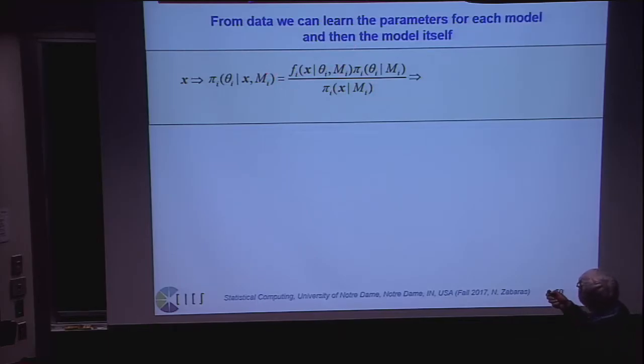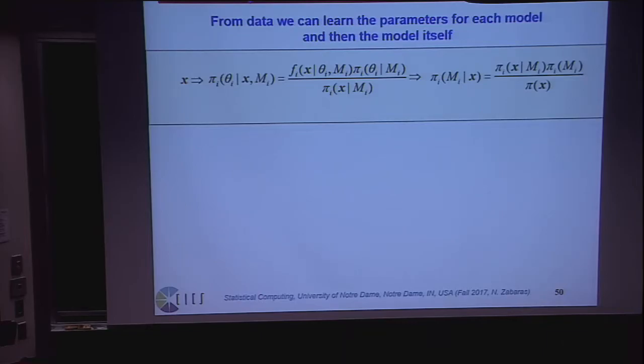You can get rid of MI; MI just means this is for model MI. So the posterior for the parameters is the likelihood times the prior for model MI divided by the marginal likelihood of the data. Again, the marginal likelihood is for the given model MI.